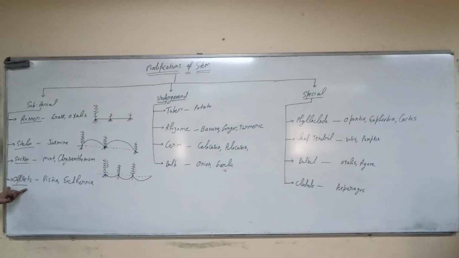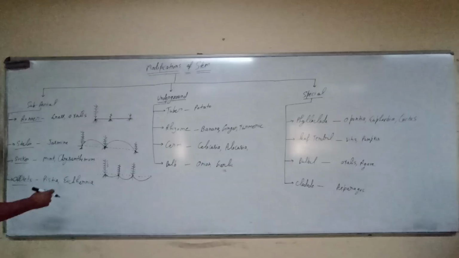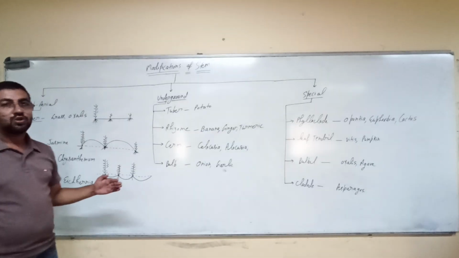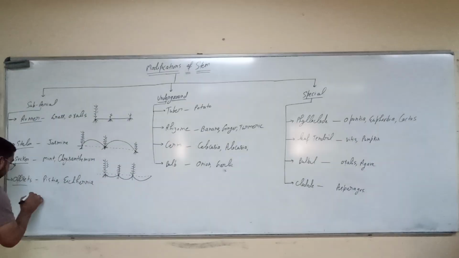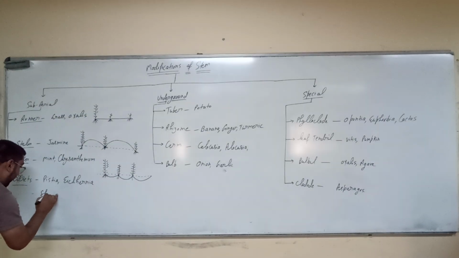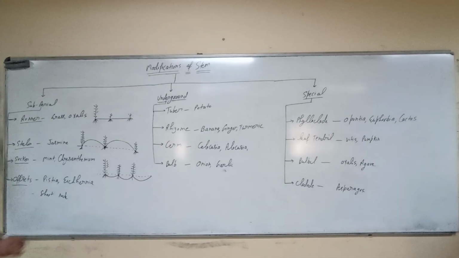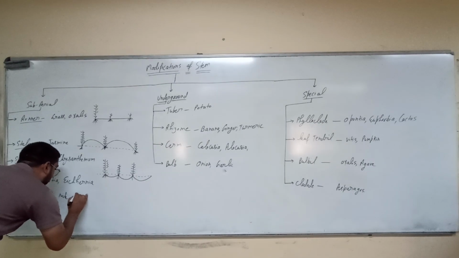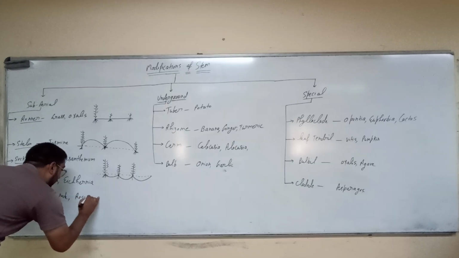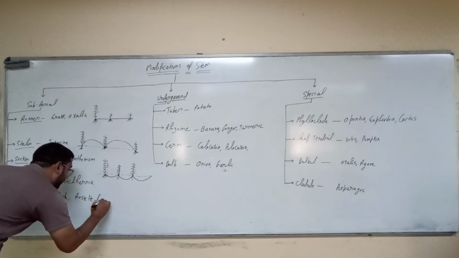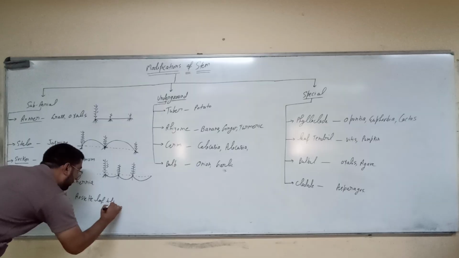Next one, offset. Offsets have a short node and a rosette of leaves, a leaf tuft.